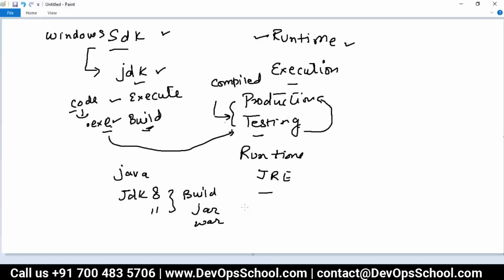Now in between the software development kit, meaning whenever the developer is writing the code, and the code is to be executed, there is a layer which is a build layer. So build is basically where you are creating the jar file, war file, and this I need to make automated.